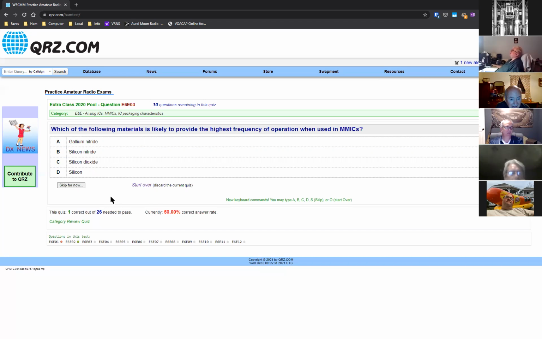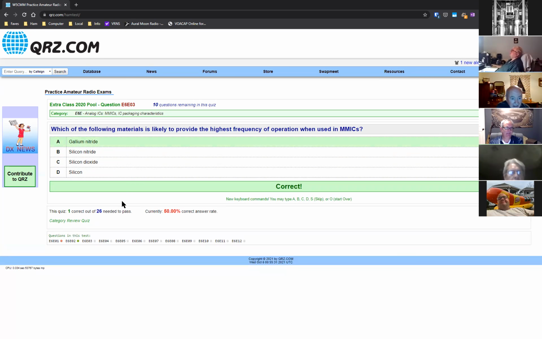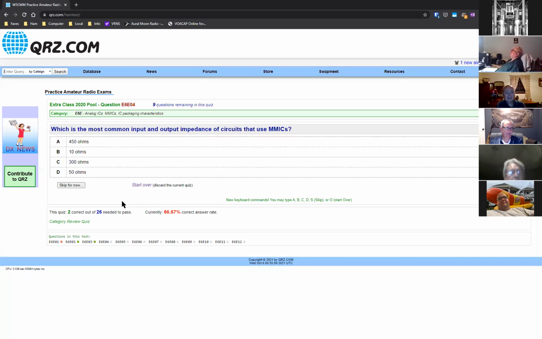Man, I want to say A, but I think it is silicon something. Yeah, you were right with A. It's gallium nitride. Which is the most common input and output impedance of circuits that use MMICs? D, 50 ohms. Yeah, 50 ohms.